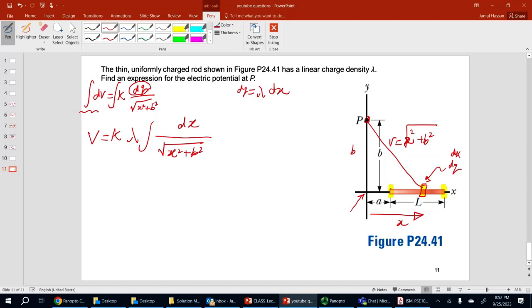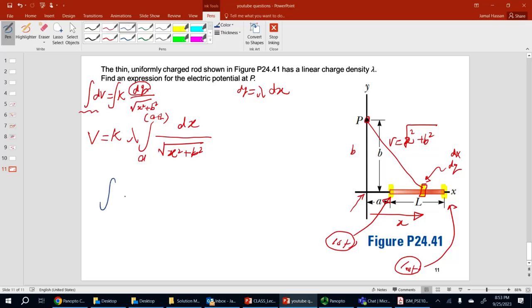Now the first piece is located here, and the last piece of the rod is located here. This means the first piece is located when x is equal to a, so the integral starts from a. The last piece is located at x equal to a plus l.